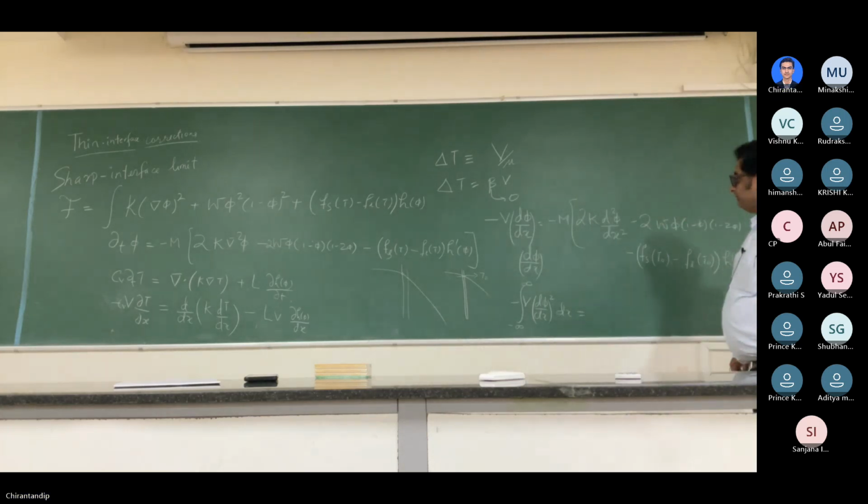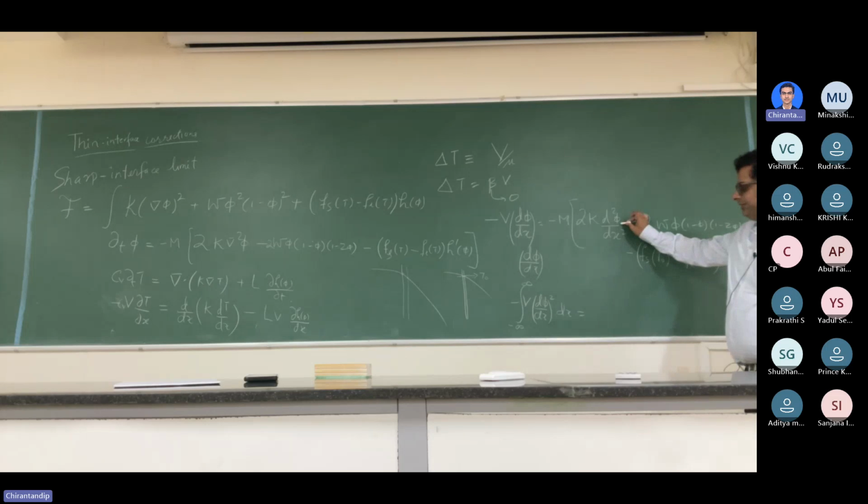And this guy over here, I will not do again now. When I multiply it with d phi by dx, it becomes k d phi by dx whole square, and the integral from minus infinity to plus infinity will vanish. This one over here will become w of phi, which is phi square into 1 minus phi the whole square, which is 0 on both sides of the interface, so that will also vanish.